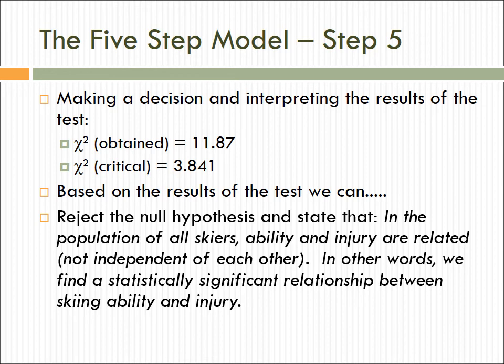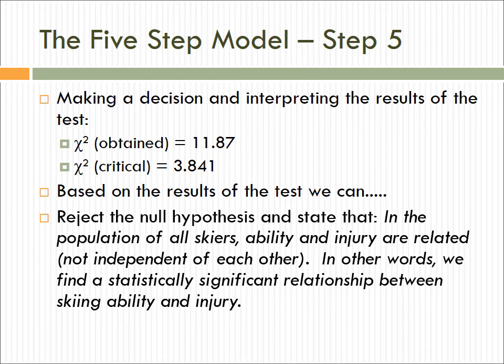At the same time, a p-value is 0.05 or lower. So if you have 11.87 chi-square obtained, then your p-value is going to be below 0.05. So as your chi-square number goes up, or your t-test number goes up, or your ANOVA number goes up, then your p-values, probability values, go down.